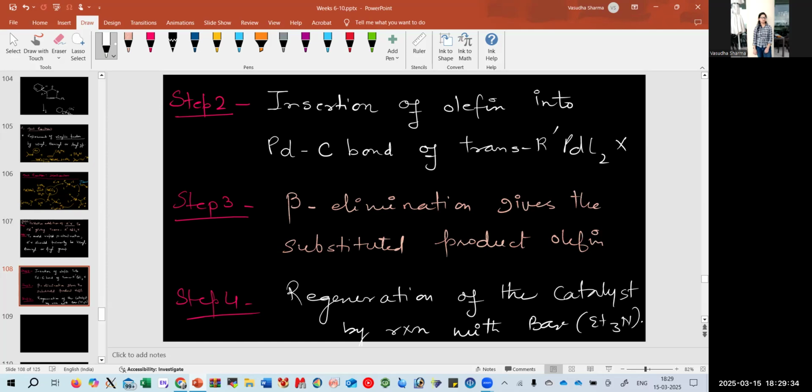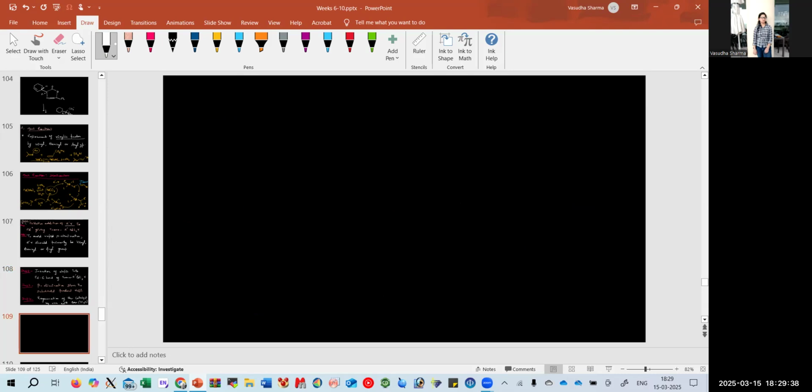So these are the steps that have been followed for the Heck reaction. Now, there are certain electrochemical investigations for the Heck reaction that we will also look into. Electrochemical investigation.